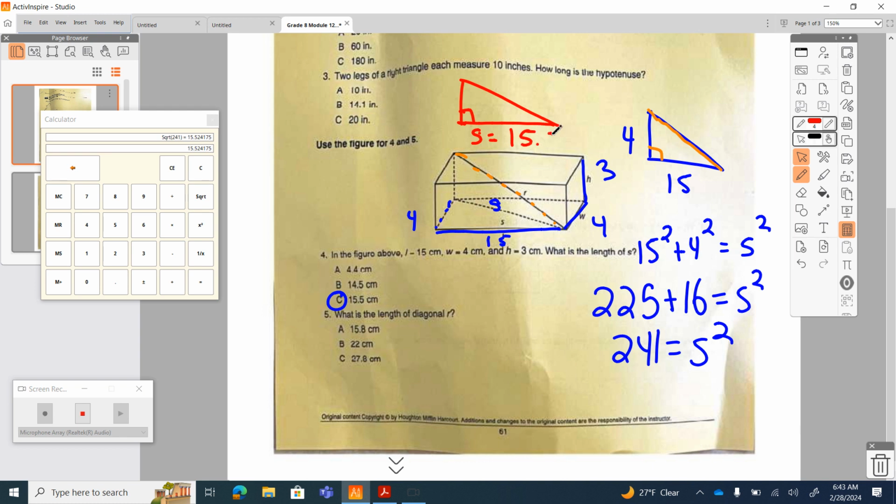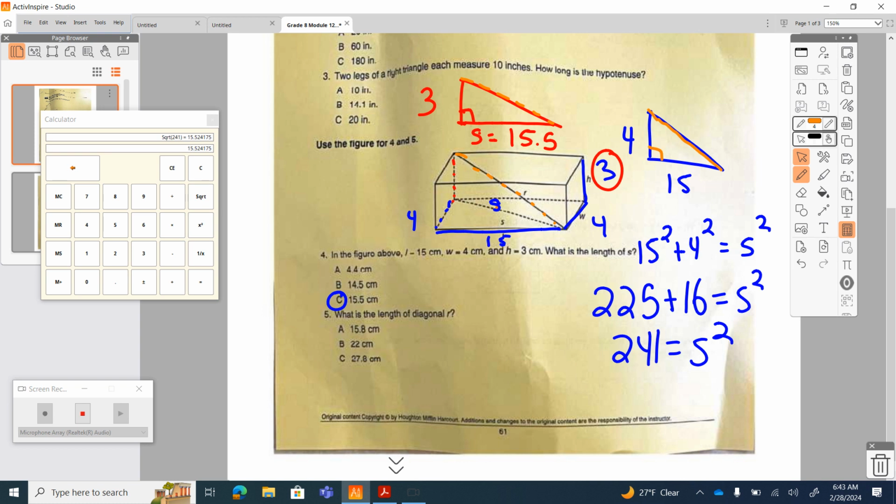The height of this is 3. The tricky thing is that the hypotenuse in the first triangle, S, is now a leg in the second triangle.